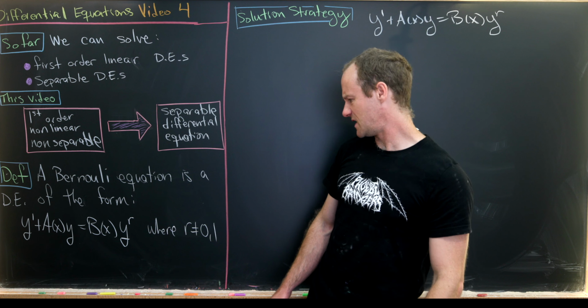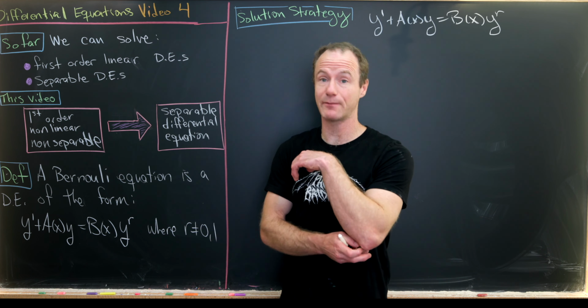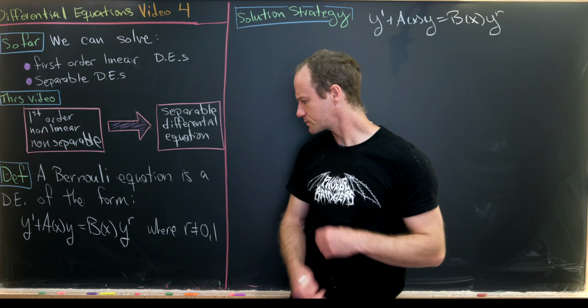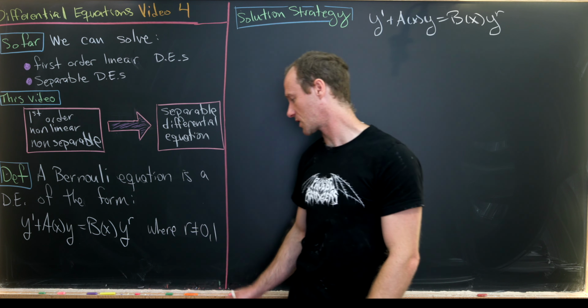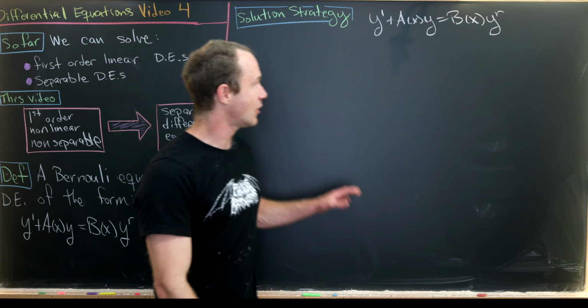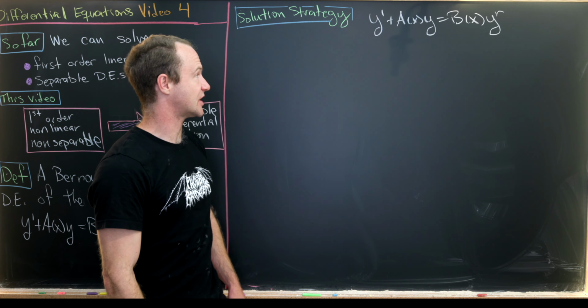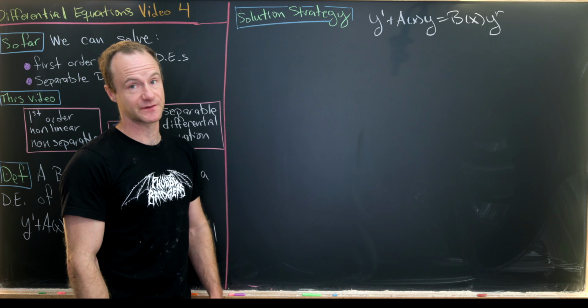In fact, I think for r equals 1, this would be a separable differential equation even. But we know how to solve those types of differential equations by previous work, so this doesn't really gain any new information. Okay, so we're going to build a general solution strategy for solving these Bernoulli differential equations first.